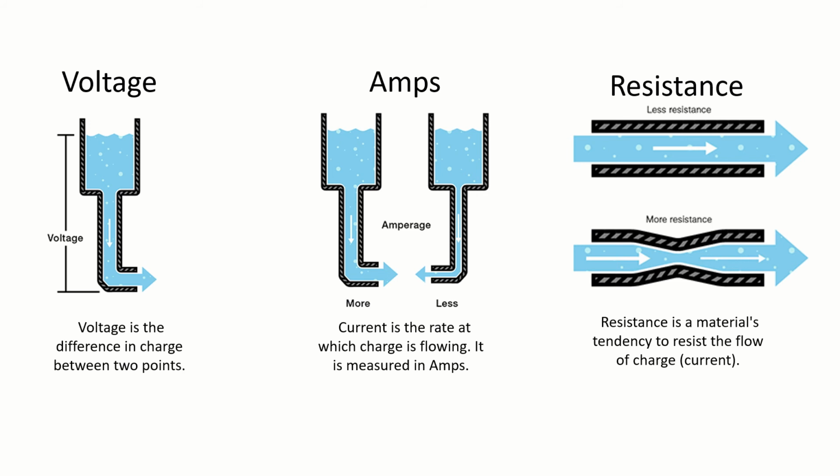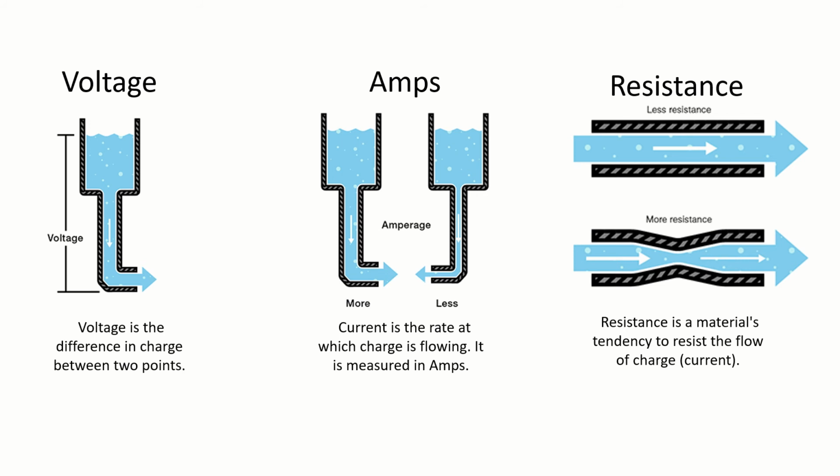If you have a pipe which is 50 millimeters in diameter versus a pipe which is 5 millimeters in diameter, it's going to take that amount of water to flow out of that tank 10 times faster with the bigger pipe. Okay, so current is the rate at which the charge is flowing, and this is measured in amps.